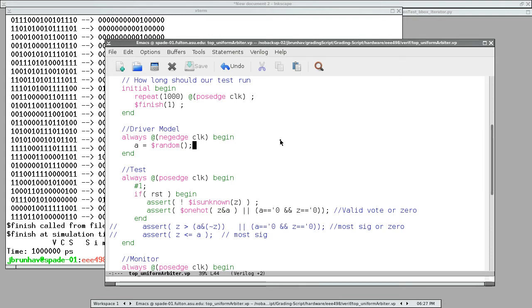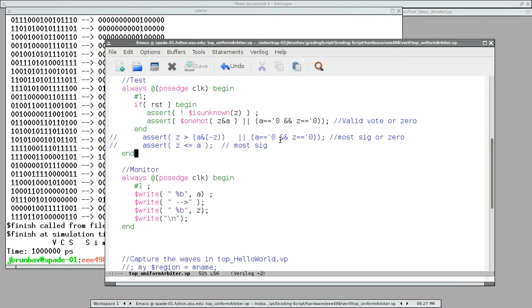So how do we know that it's uniform, right? The only tests that we have running are that if we're not in reset, the output better be defined, and that the output better be a singleton winner that was bid, right? So this is just saying we had a legal output.